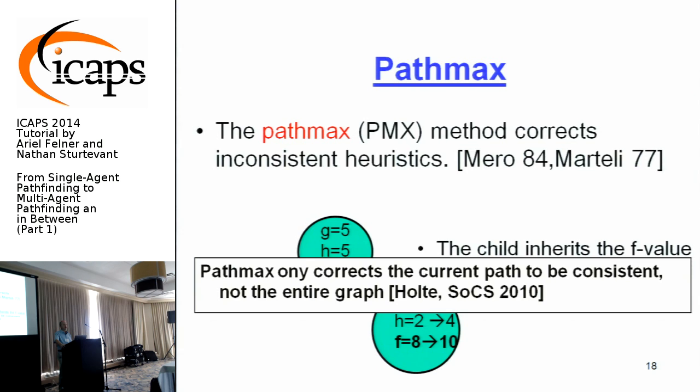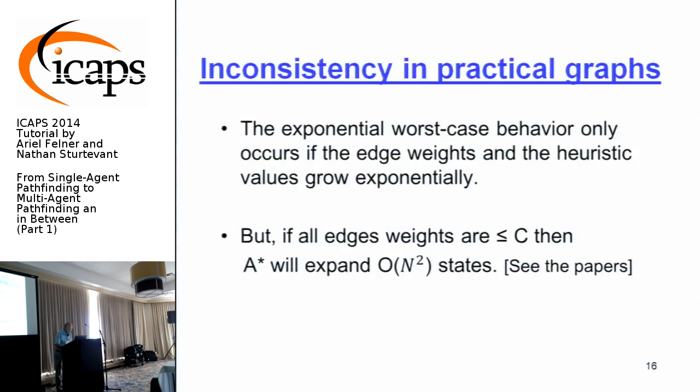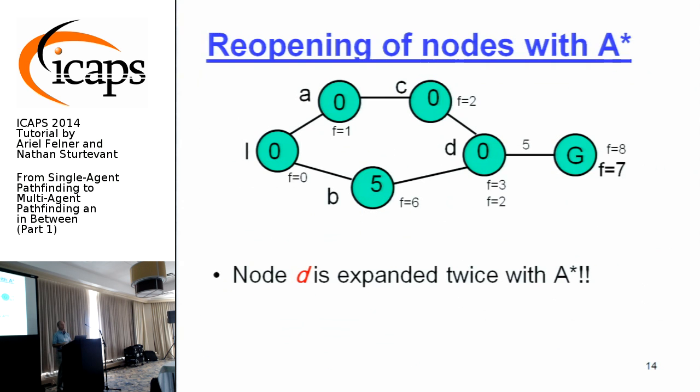One of his examples is that Pathmax doesn't make the heuristic consistent. It only makes the heuristic consistent along the current path. In fact, in this example, if I do Pathmax, D will still be expanded twice, because D will have F equals 6 only after B is expanded. But the first time, it's expanded with 3 anyway.